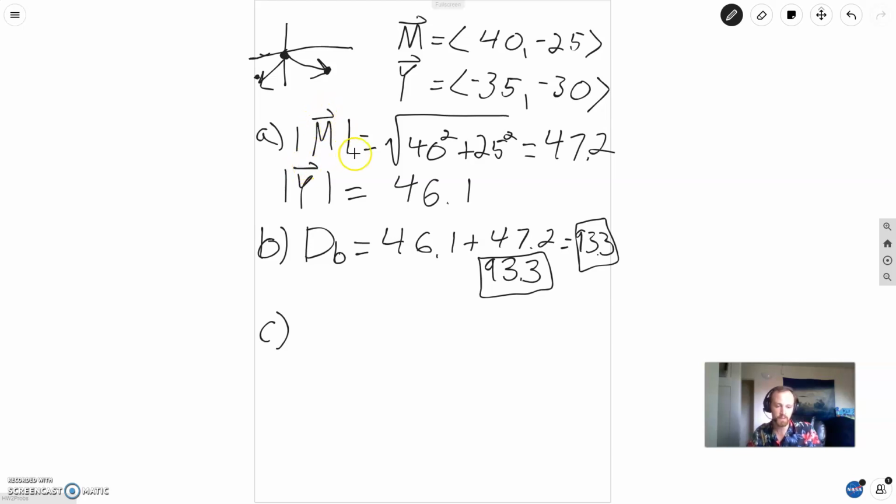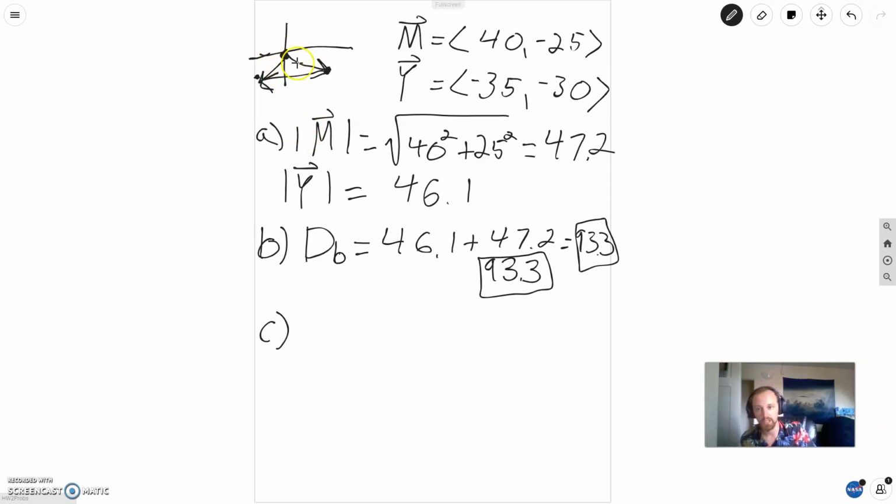So with vectors, this can get pretty straightforward, I hope. With our vector addition, we know that this is the vector I want right here, because I basically need to know how far my house is from your house.